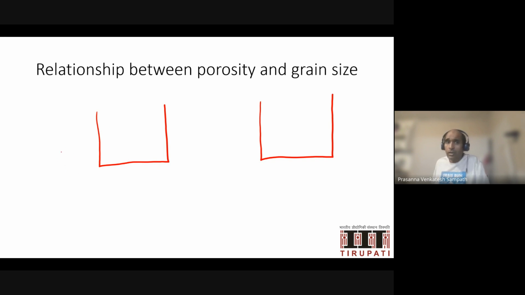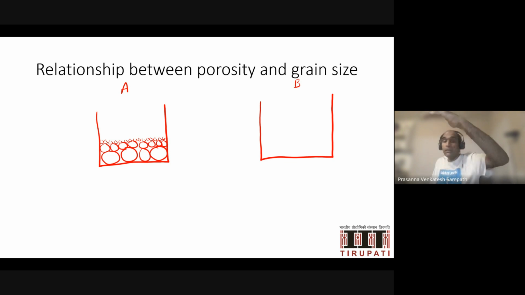Now here I have side A and side B. In side A, the big particles are at the bottom, the next size is above that, and then the even smaller size is above that. They are arranged in this graded manner.